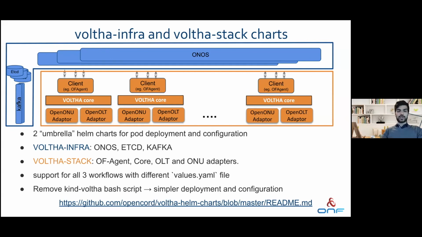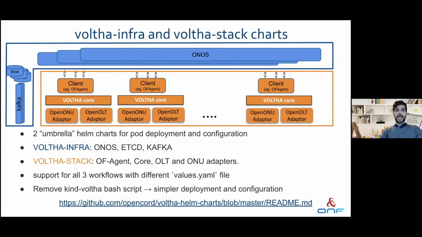It was a bash script, but we looked at it and said, all of this can be done via Helm, and it would greatly enhance the experience of deploying VOLTHA through Helm instead of doing it via bash script, which is not easily debuggable and prone to error.